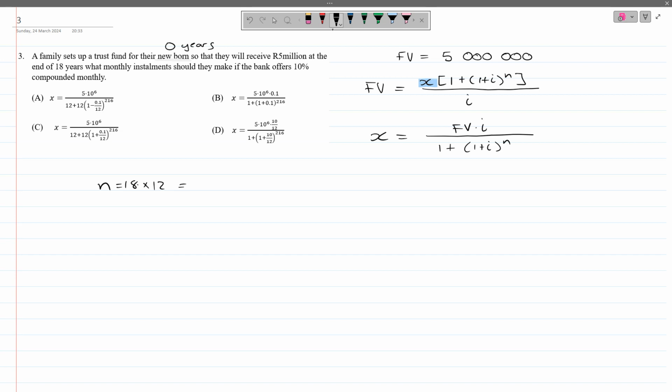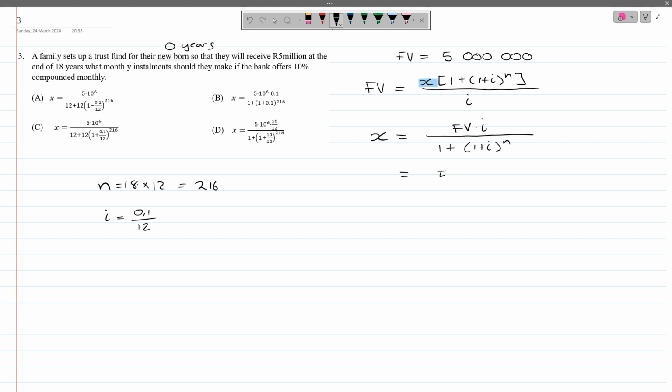So if we multiply that out, we get 216, and we can substitute all our other values as well, such as the interest offered at 10% compounded monthly. So that would be 10, you can rewrite it as 0.1, and since it's compounded monthly, divided by 12.